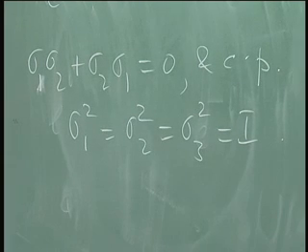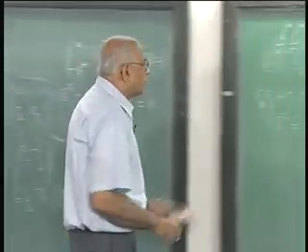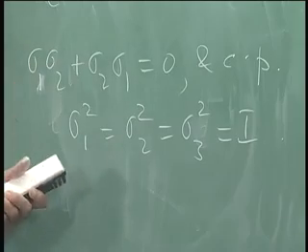Then exponentiation is very easy. You have a formula similar to the Euler formula. The Euler formula says e to the i theta is cos theta plus i sin theta. For 2 by 2 matrices there is a similar formula, not for 3 by 3, 4 by 4 or anything, but for 2 by 2 there is a simple formula, and that follows from these properties of the sigma matrices.